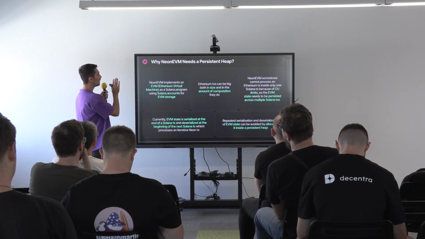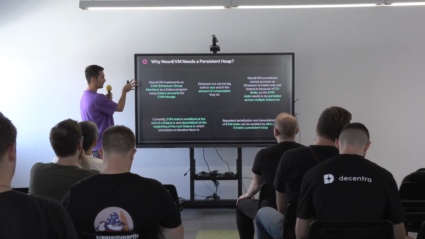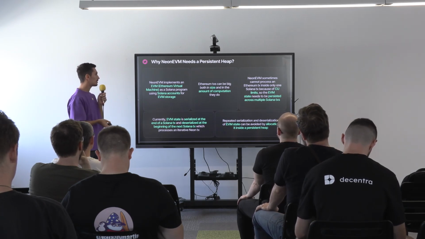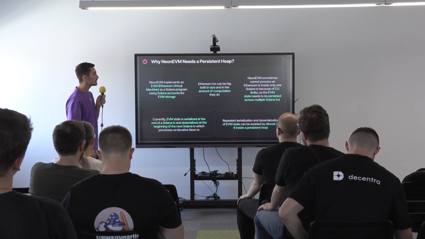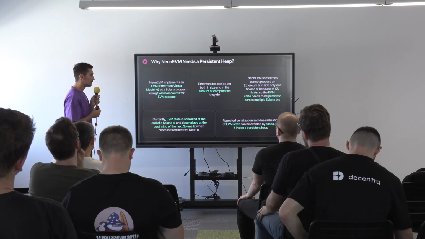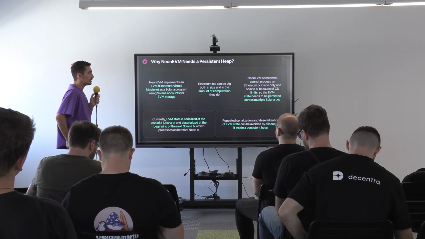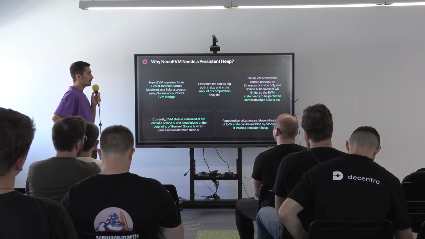Okay, so why does Neon EVM need a persistent heap? Neon EVM is an Ethereum virtual machine implemented as a Solana program, and it uses Solana accounts as EVM storage. As you may know, Ethereum transactions can be big both in size and in the amount of computation they do. Neon EVM sometimes cannot process an entire Ethereum transaction in only one Solana transaction because of the compute unit limits.